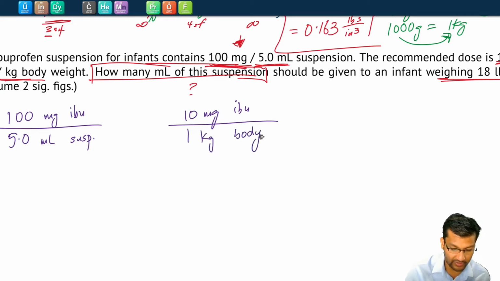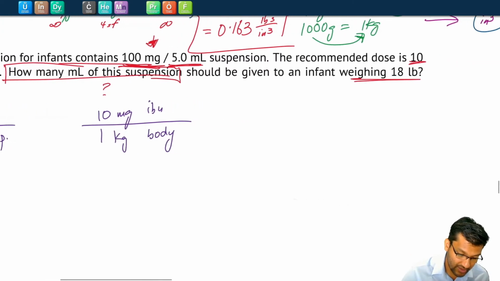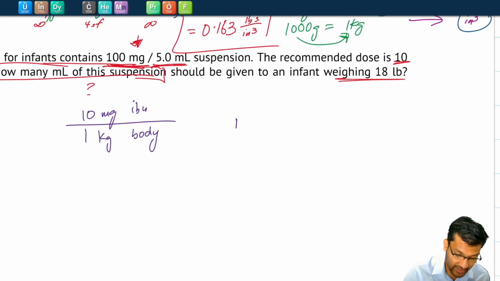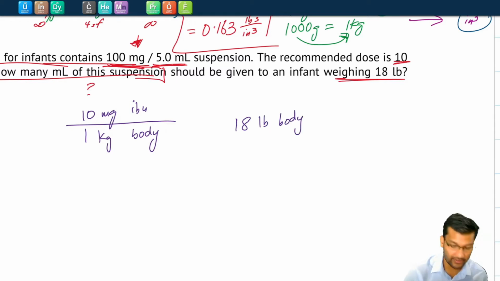Let's just put body. So that's a little descriptor right there. They also tell us that we have an infant weighing 18 pounds of body weight. A little descriptor right there. And we need to find, let's use a different color, so let's put X for stuff we need to find.